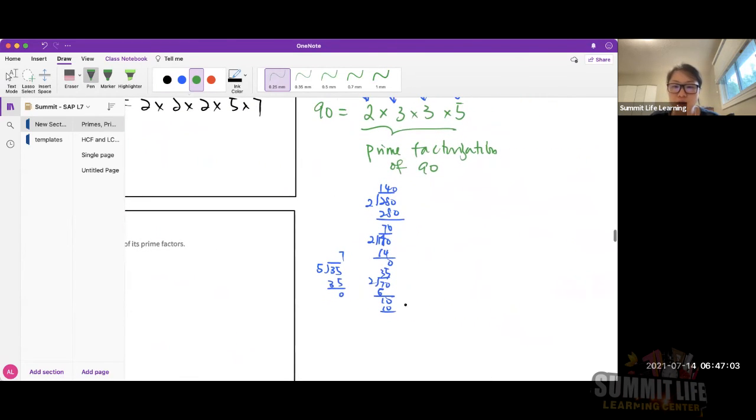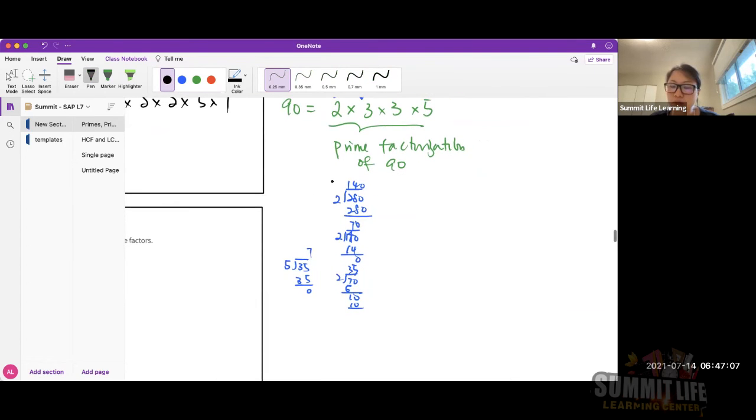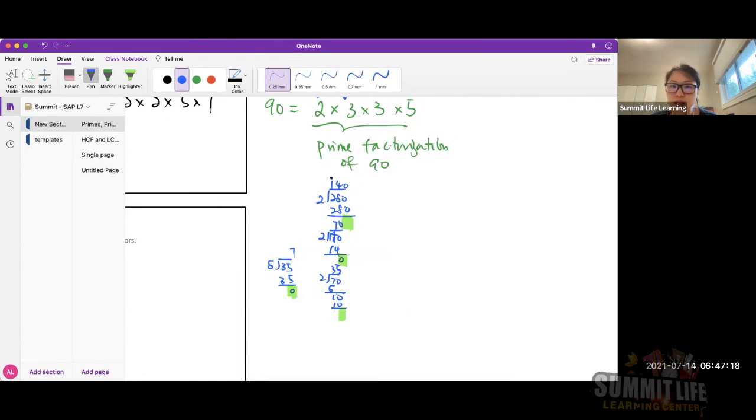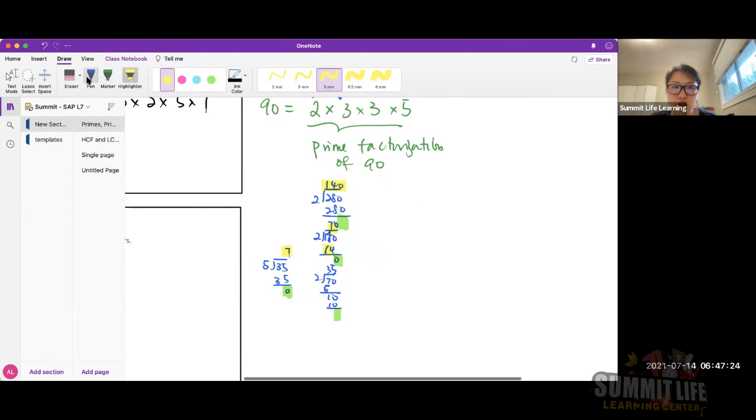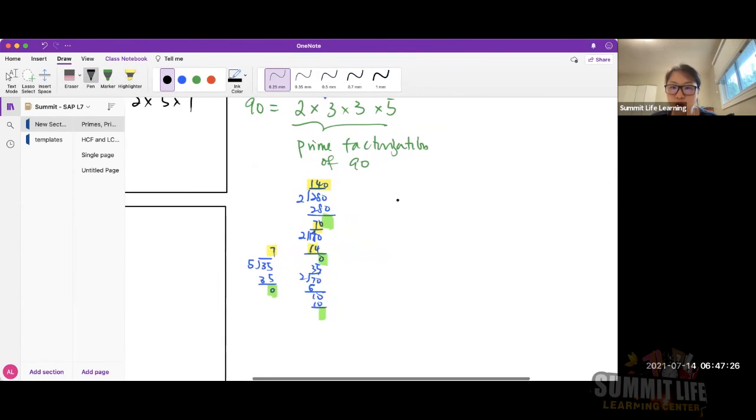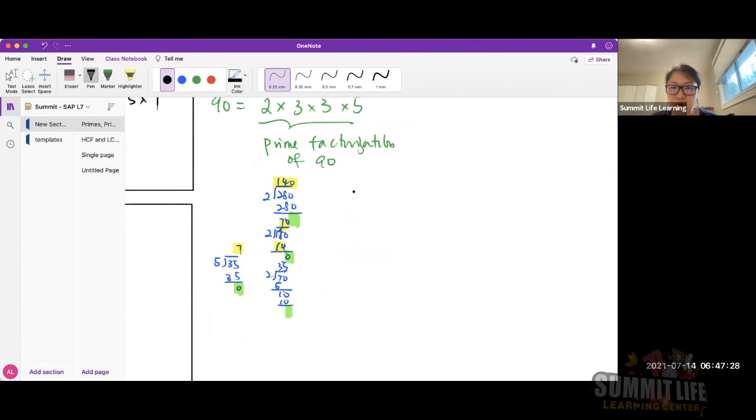We group all the divisions into one. The reason is that we know all the remainders must be 0, so the remainder is not important. It is the quotient which is important.